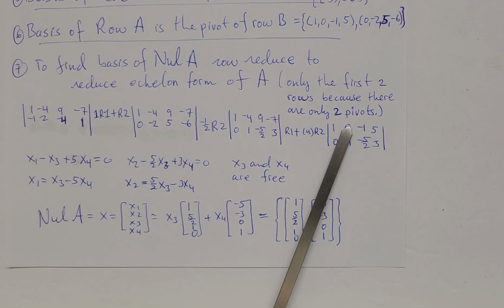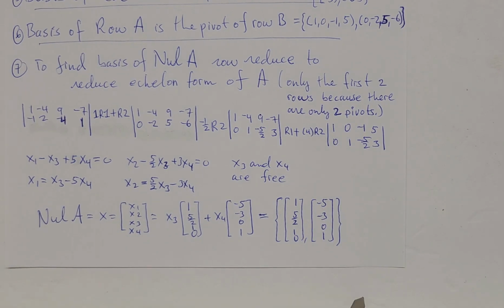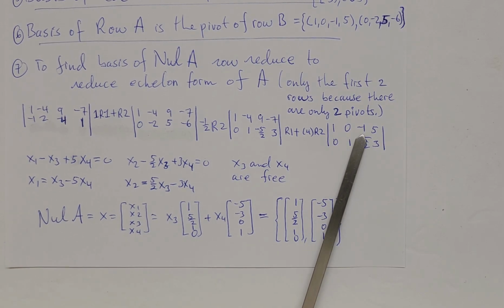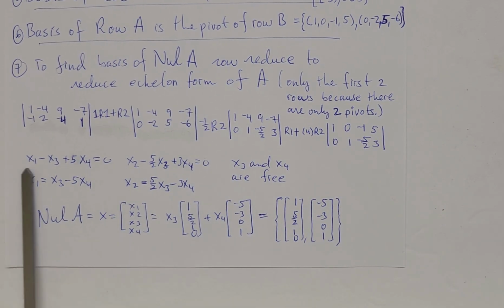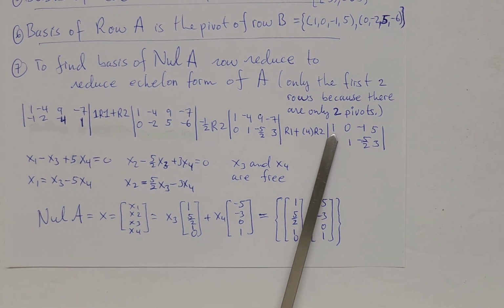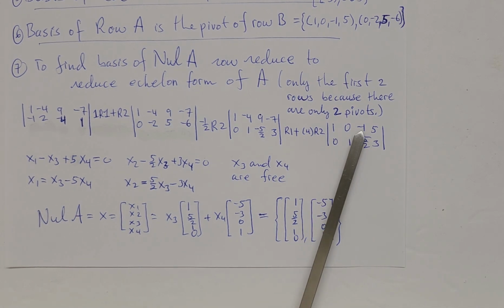So now we will list out our terms. x1 minus 1x3 plus 5x4 equals 0. That's what I have here.